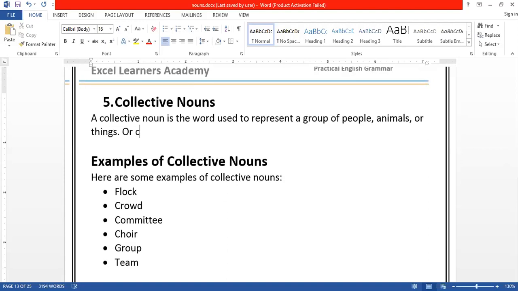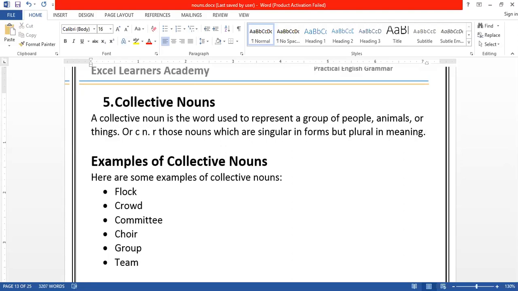Collective nouns are those nouns which are singular in form but plural in meaning. Or we can say collective nouns are those nouns that come in a group of people, in a group of animals, etc.